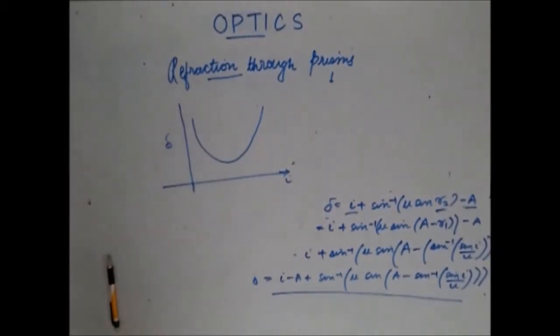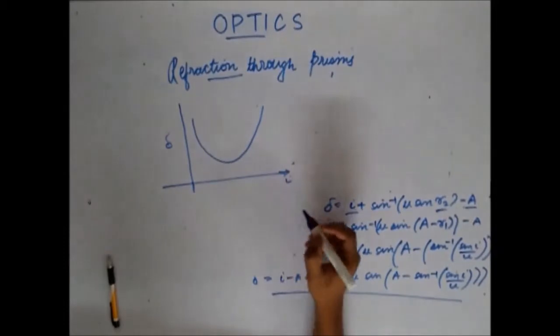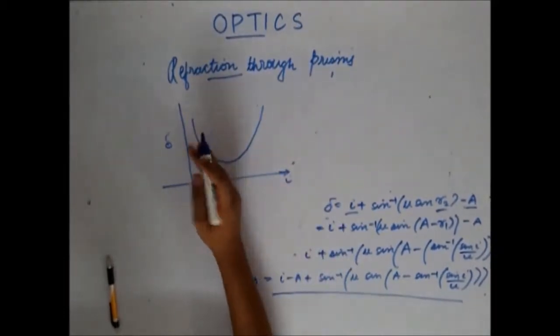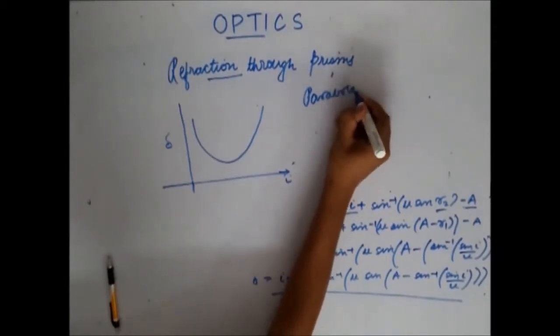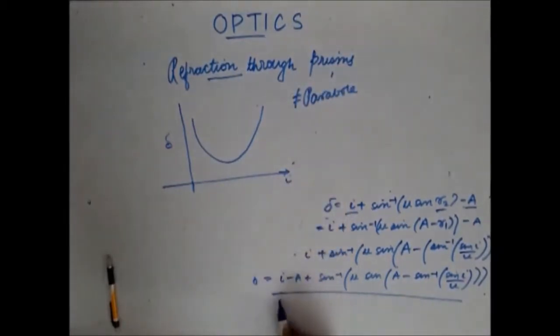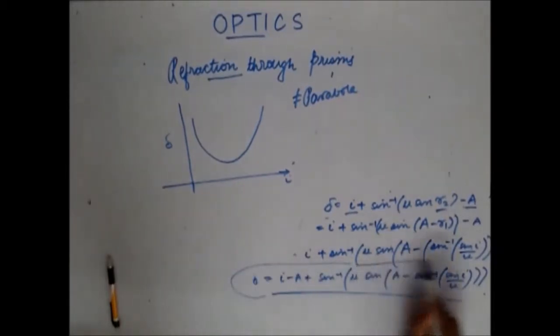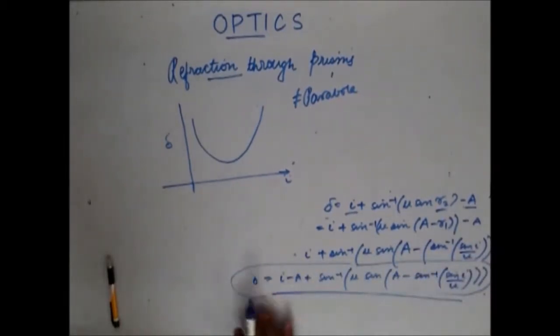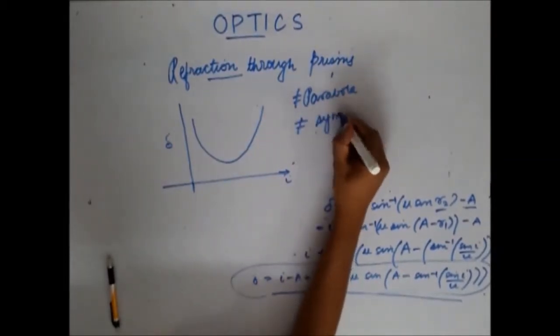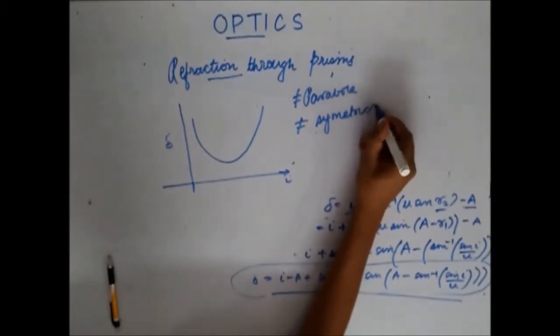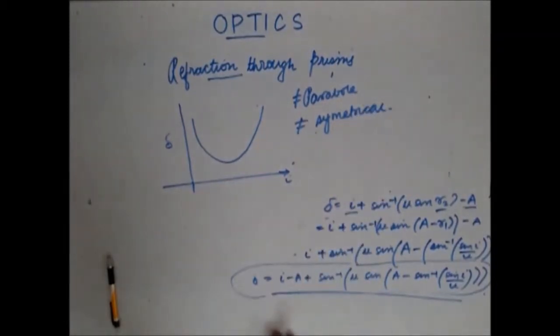The first thing you should note here is that the curve may look like a parabola, but the curve is actually not a parabola, because in this expression you don't get a term which looks like a parabolic equation. Also, this curve is not a symmetrical curve.